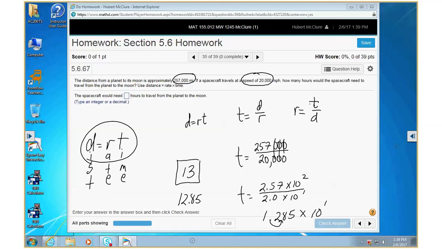These type problems will automatically be on the test, because the only reason you're learning scientific notation is for science, any kind of science application. And that distance equals rate times time, you use it if you're traveling, you use it if you get a speeding ticket. That's how they basically give you a speeding ticket. The radar hits your car a series of 5 or 6 times when they shoot it at you.